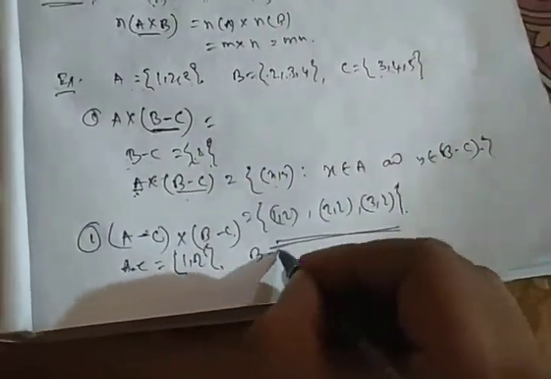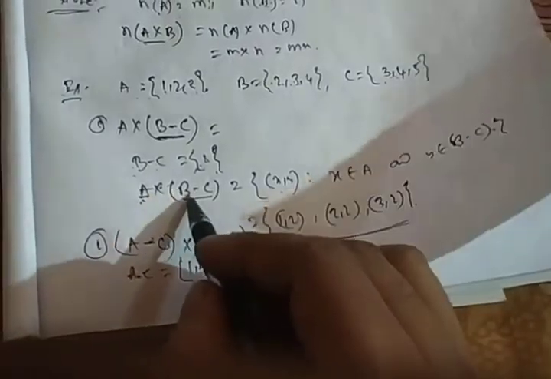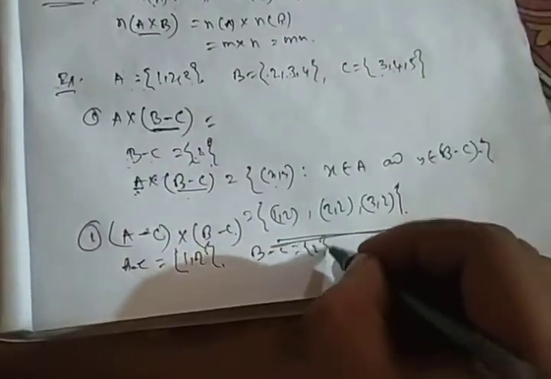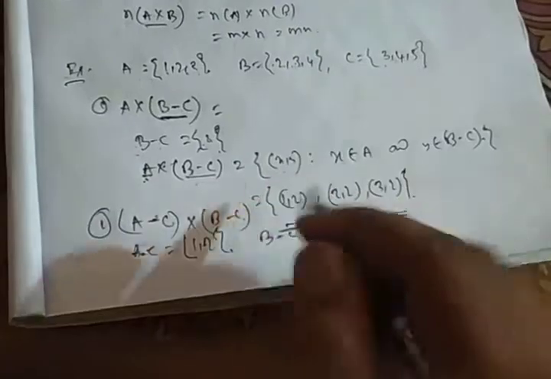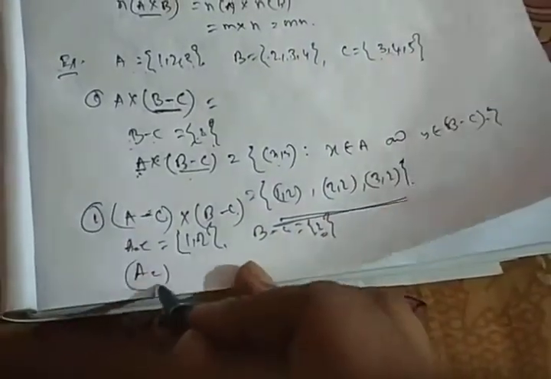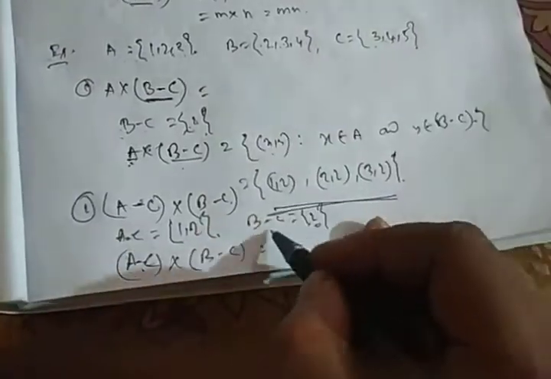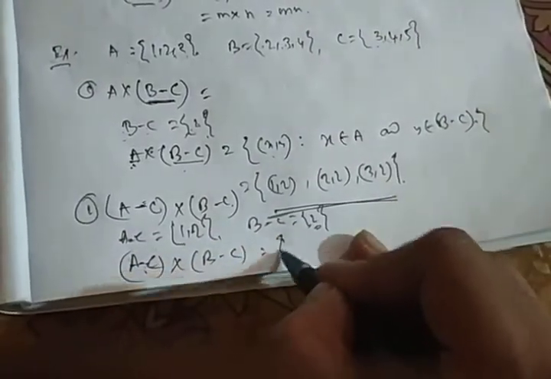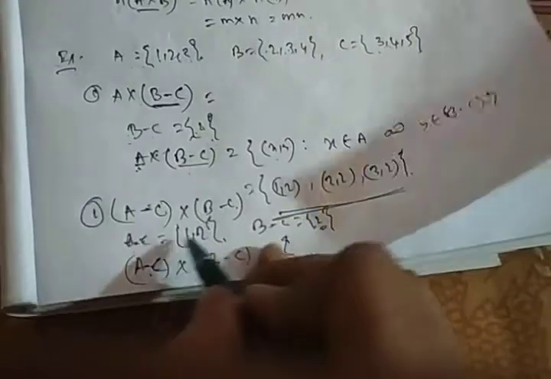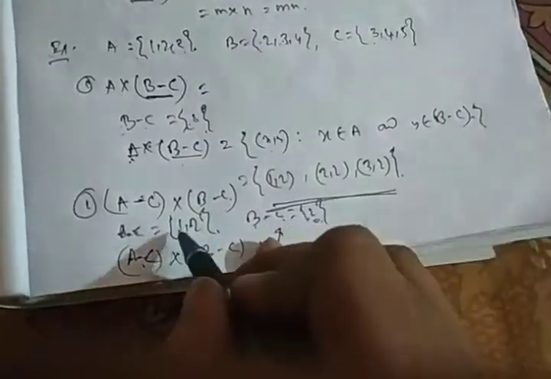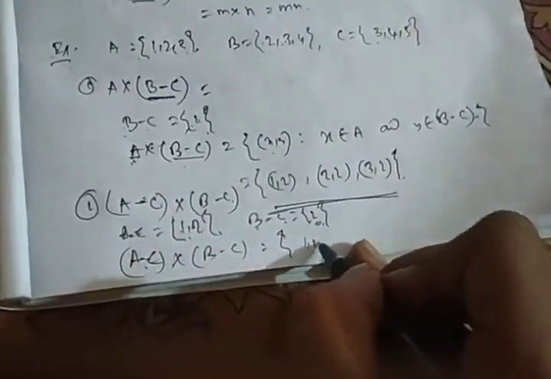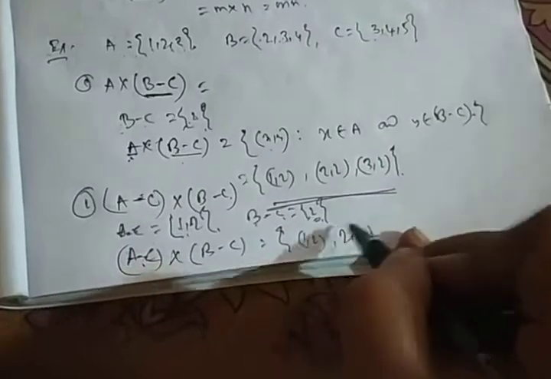Also B minus C, we find as only one element, 2. So (A minus C) cross (B minus C) will be the cross product of A minus C, {1, 2}, and B minus C, {2}. This will be (1, 2) and (2, 2), right?